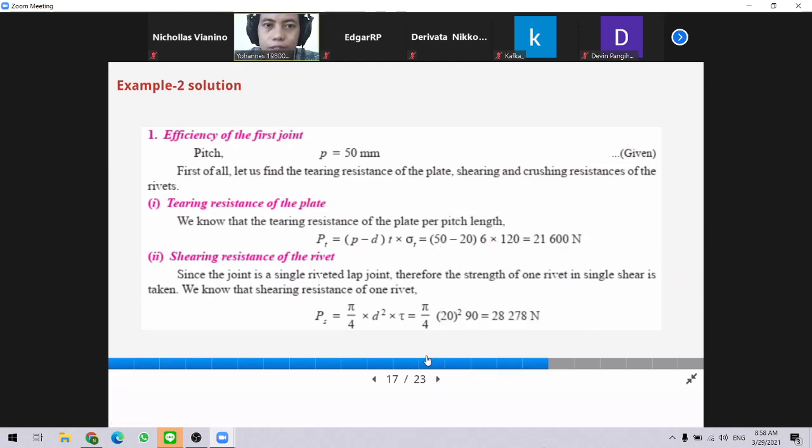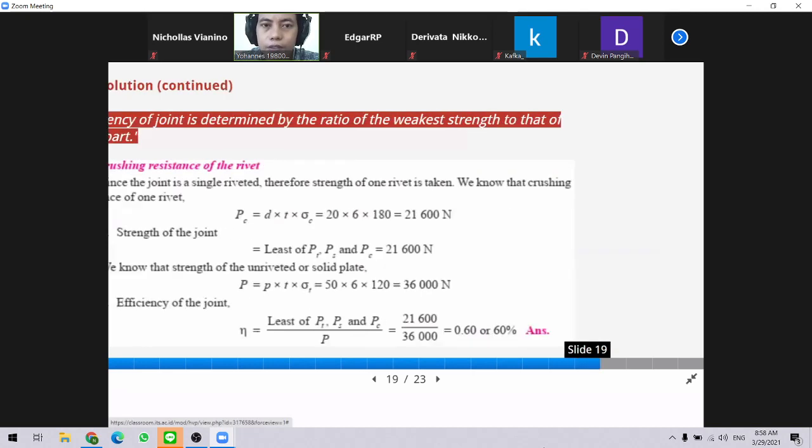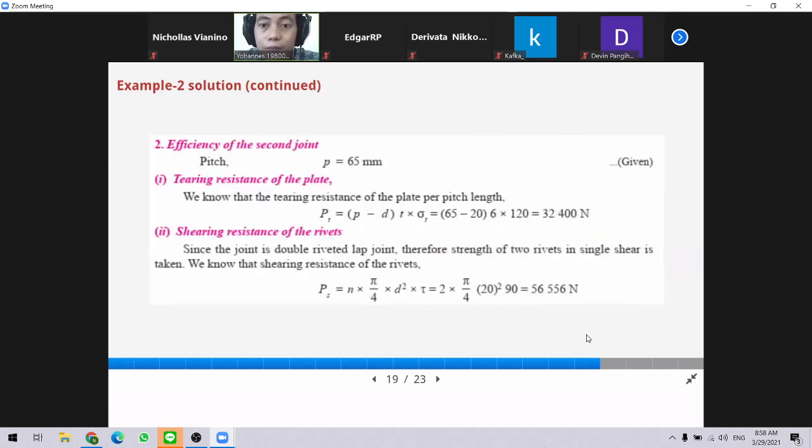So this is the first type of joint, and this is the second type of joint. It's still the same, but this difference in load capacity is caused by the pitch distance, which has changed.